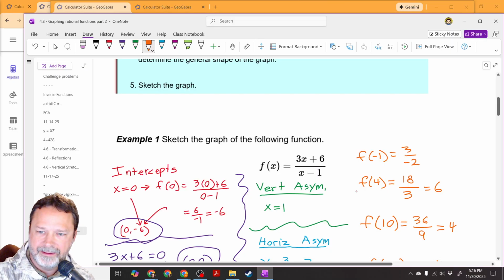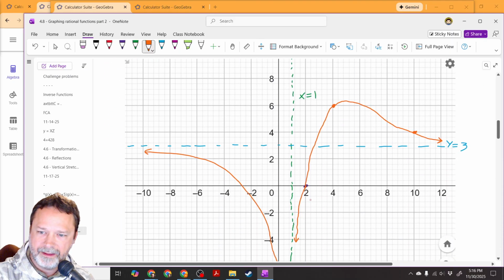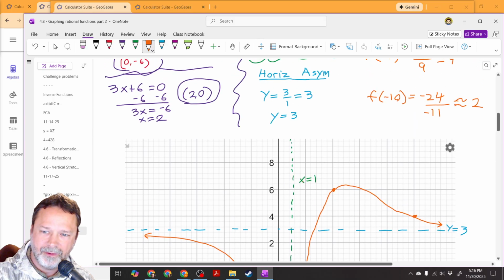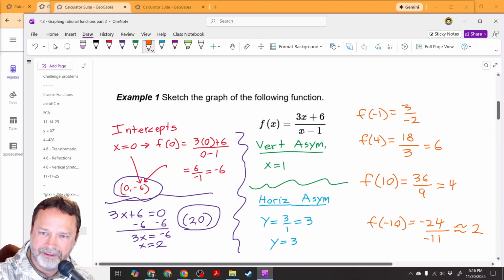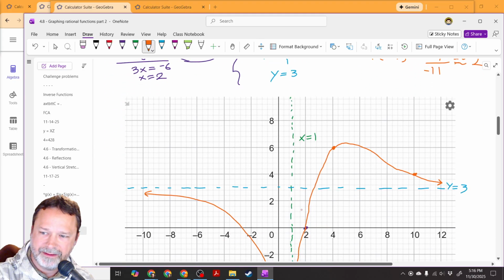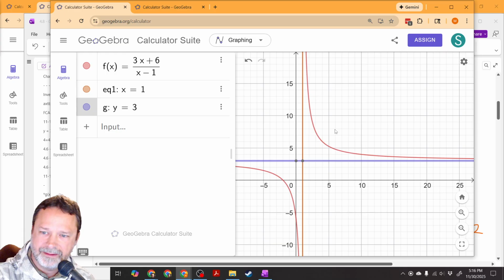But oh, I got x equals 1 for my... How did I get x equals 1 for my... That's a vertical asymptote. My horizontal asymptote's y equals 3. No, that's right. Let's see here.